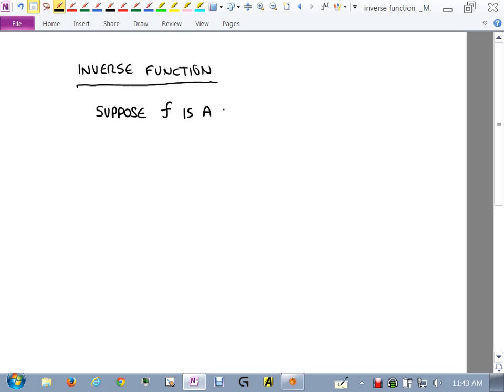All right. I need to give you a definition first. This is the definition of inverse function. Suppose f is a 1-to-1 function.